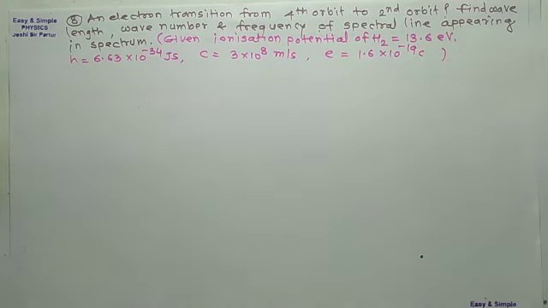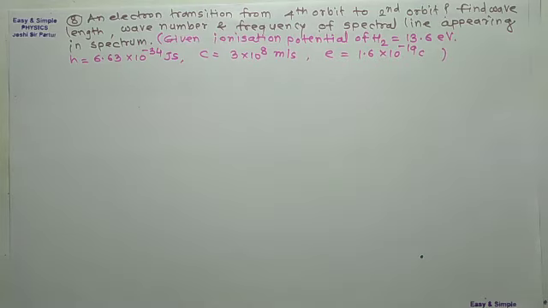Similarly, for the next example, that will be an electron transition from fourth orbit to second orbit. Find wavelength, find wave number, and find frequency of a spectral line appearing in a spectrum.